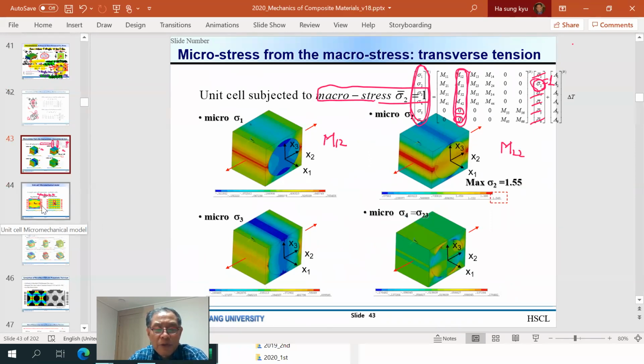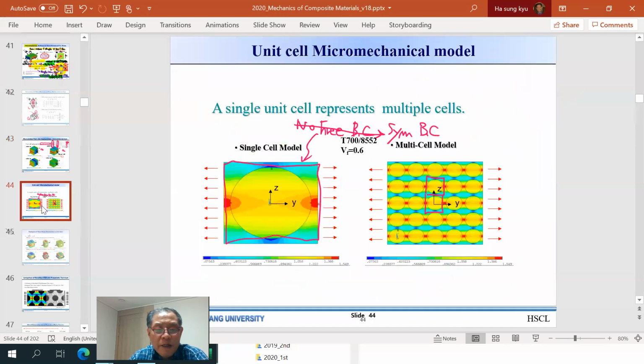I went through all these procedures, and to verify the unicell model you have, you apply some boundary conditions, and you apply the same boundary condition, and you can see this solution will be exactly the same as that one. Exactly the same, okay?